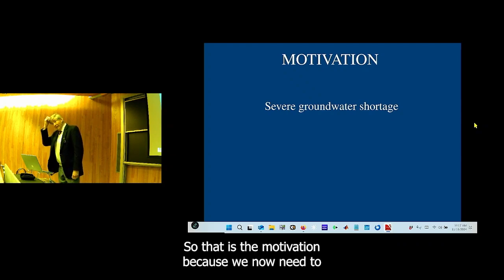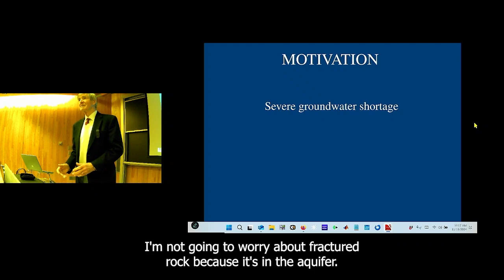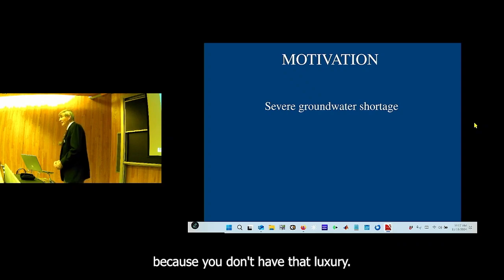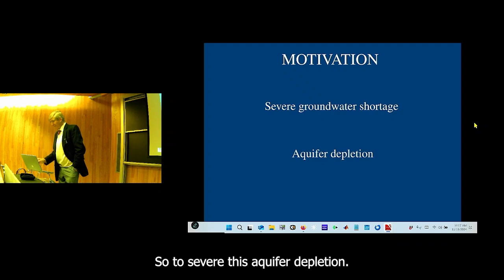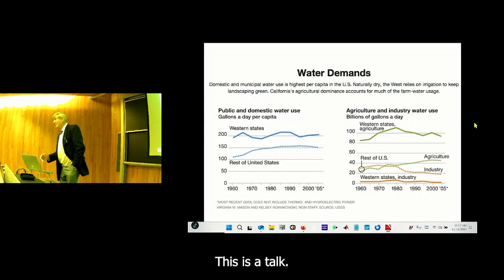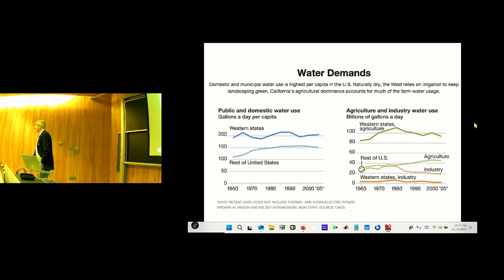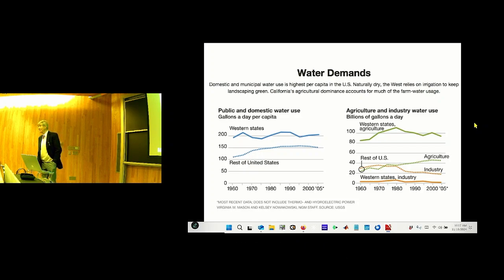So that is the motivation, because we can't now just say, well, I'm not going to worry about fractured rock because it's a nasty aquifer. We don't know how it's flowing and how to deal with it. Because you don't have that luxury. We have to deal with any kind of source of groundwater. So there's aquifer depletion. This is from a talk I held in the same room, same series, 10 years ago about groundwater.